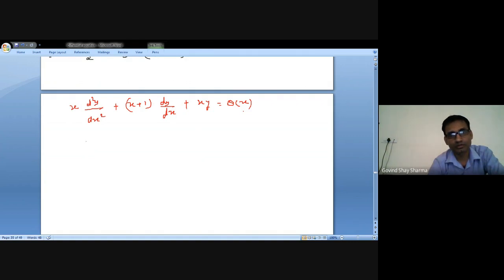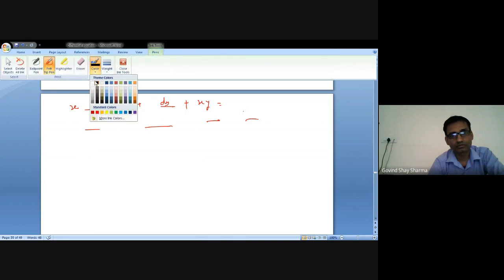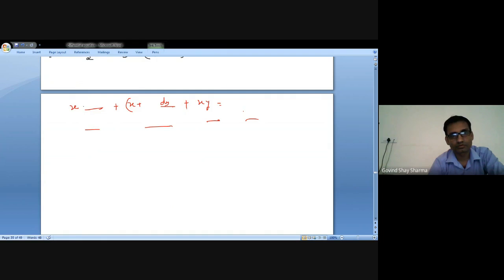Now we see this equation. In this term we see d2y/dx2, so the order is 2.